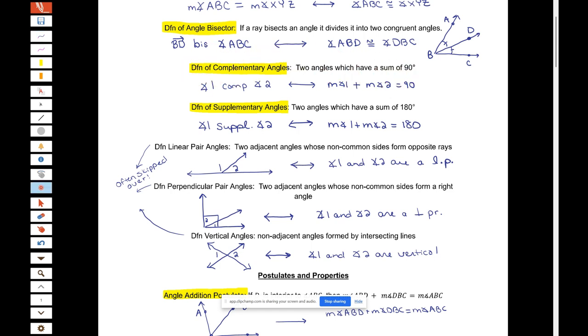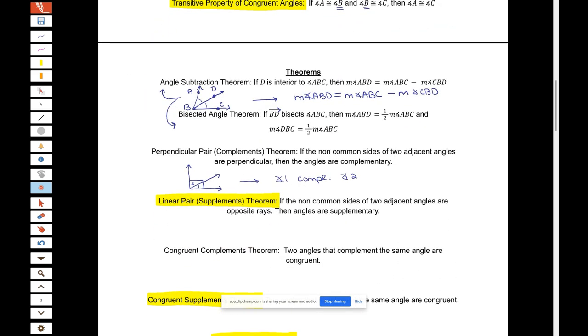If I tell you the angles are complementary, then you can conclude they add up to 90. If you see this, you don't go straight to 90. First, you say they're complementary. Then you use the definition of complementary afterwards to say they add up to 90. So those often work in conjunction.